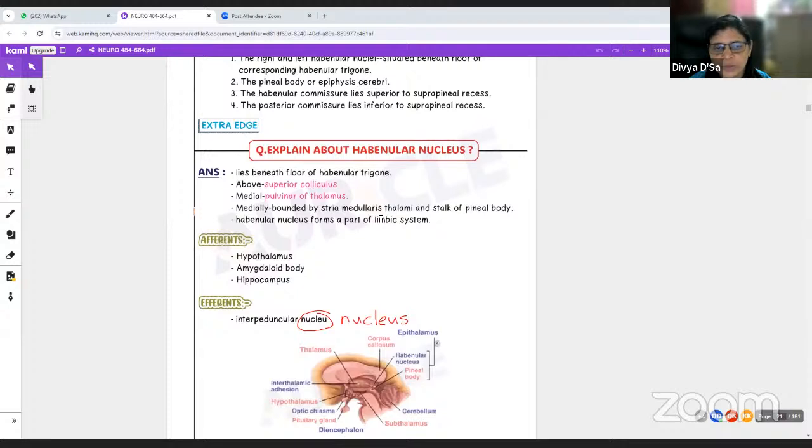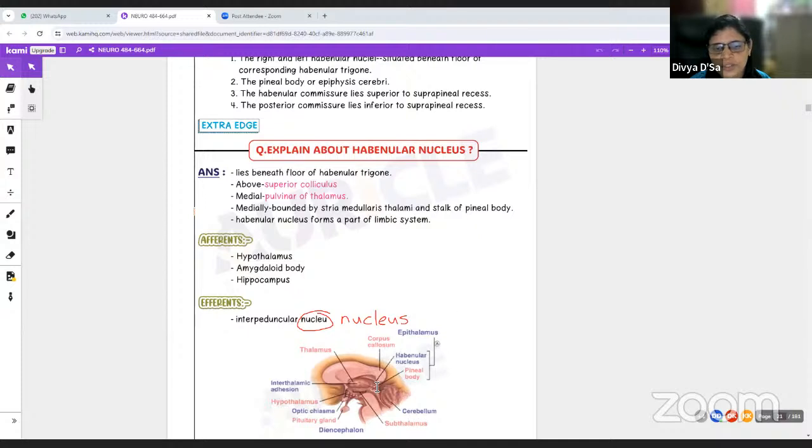It is a nucleus. When we say nucleus, it is a collection of cell bodies, which is nothing but gray matter. It lies beneath the floor of the habenular trigone. Above, it is related to the superior colliculus, and medially, to the pulvinar of the thalamus. It is also bounded by the stria medullaris thalami and the stalk of the pineal body.